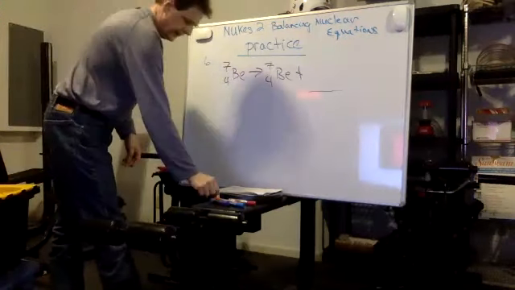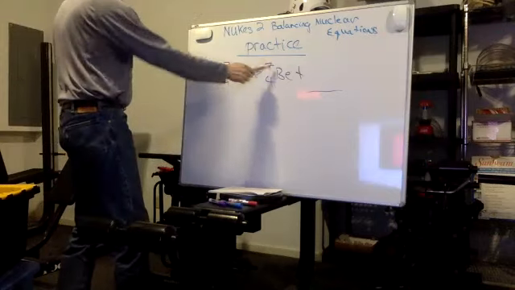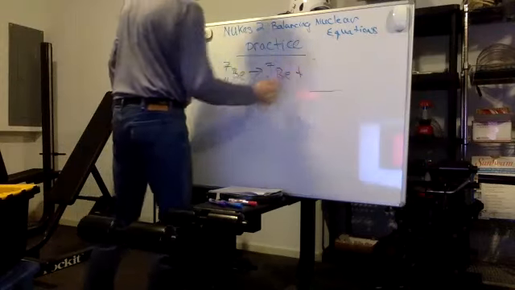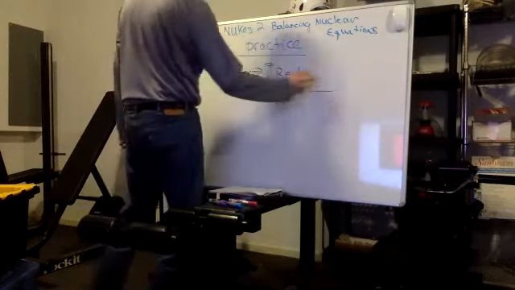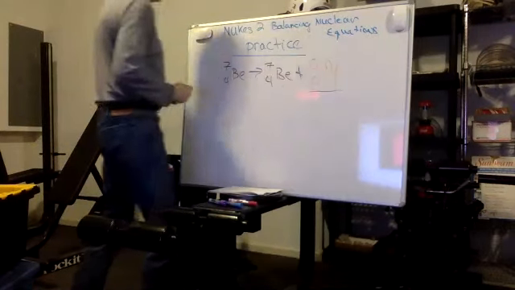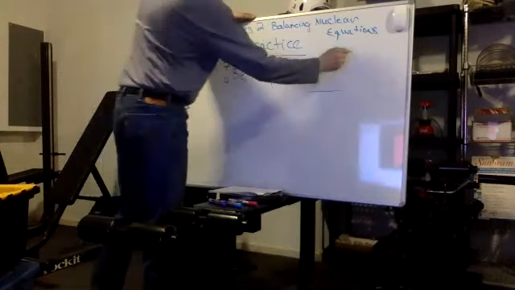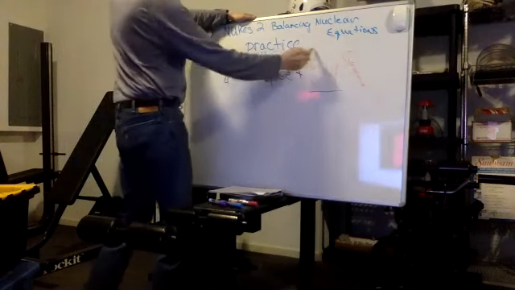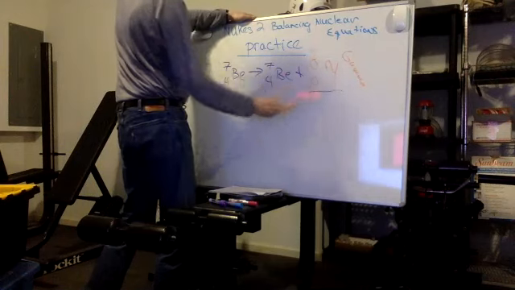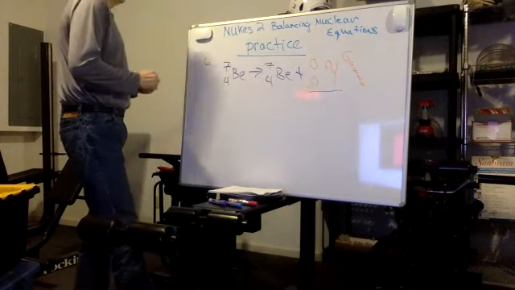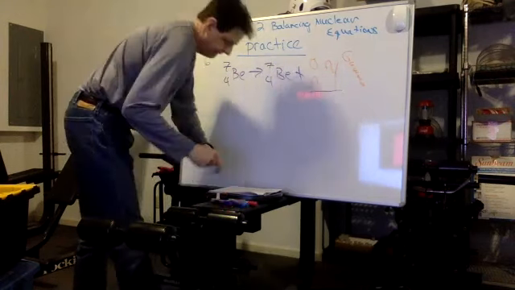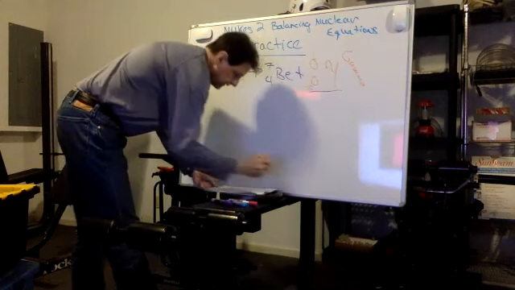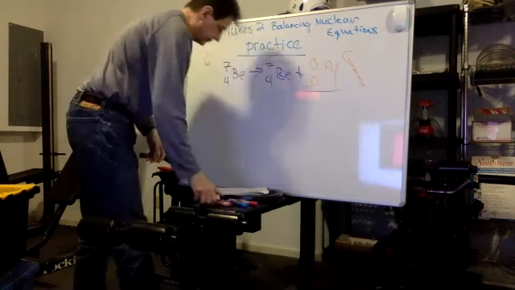So here you have no mass change, no atomic number change. It can only be a gamma. Gamma, again, is your only particle where you have no mass and no atomic number. That was easy, low-hanging fruit. Got number 6.